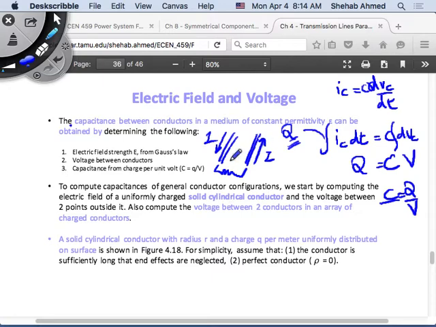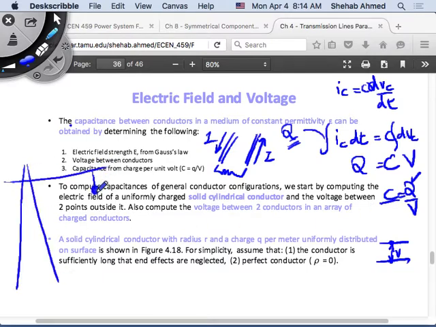And we will typically know the load current, so you can calculate the corresponding charge. So if you know charge, the thing that's remaining is the voltage V between the 2 plates of the capacitor. So you need to be able to calculate the voltage between these 2 plates in order to calculate the corresponding capacitance. Transmission line is the same, right?